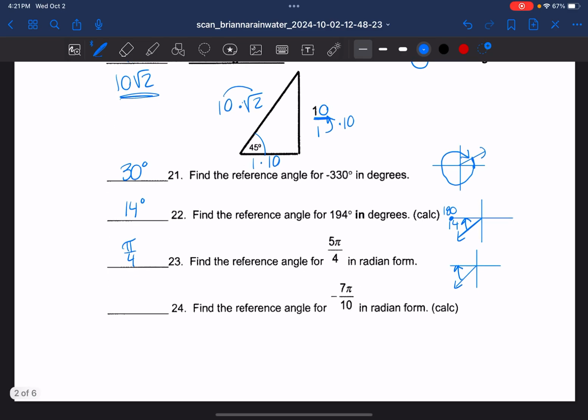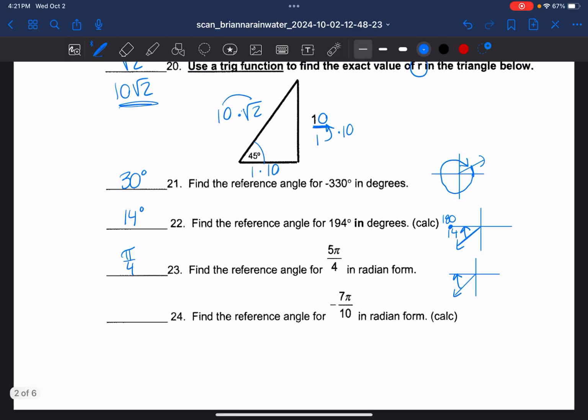Okay, number 24. Negative 7 pi tenths. I should know that 7 tenths, if it wasn't negative, is less than 1 and would fall in quadrant 2. But because I'm going the negative direction, negative 7 pi tenths would be in quadrant 3.